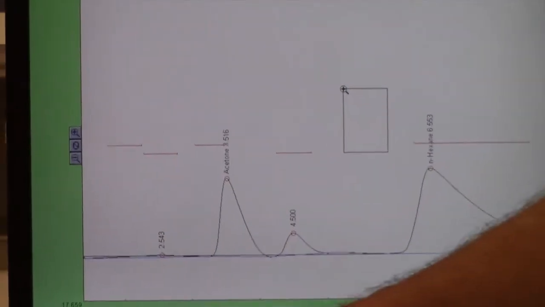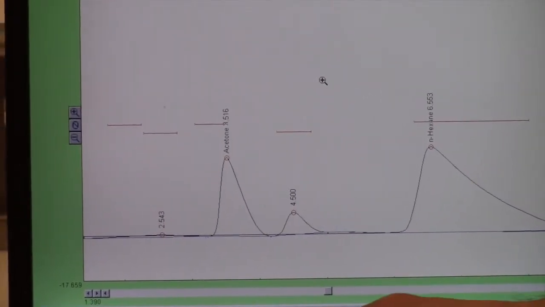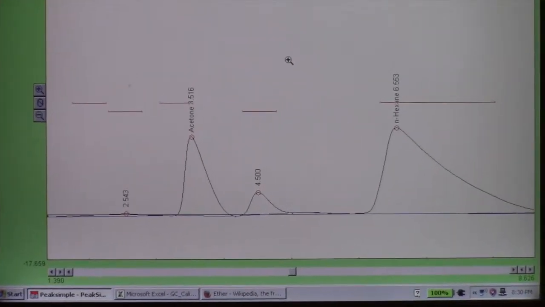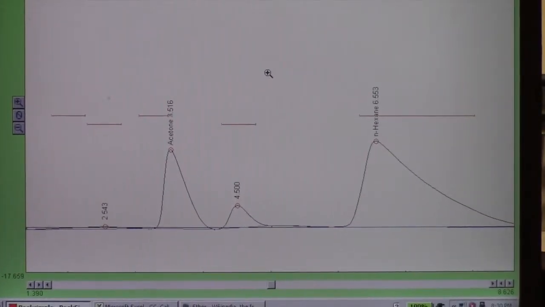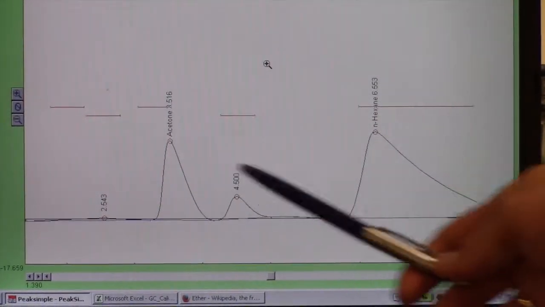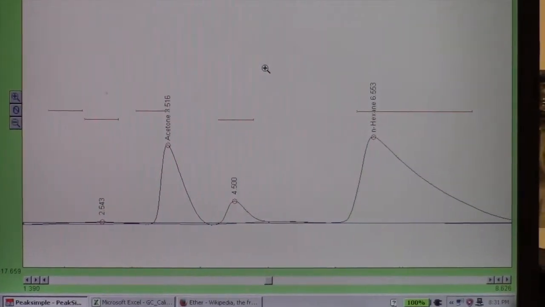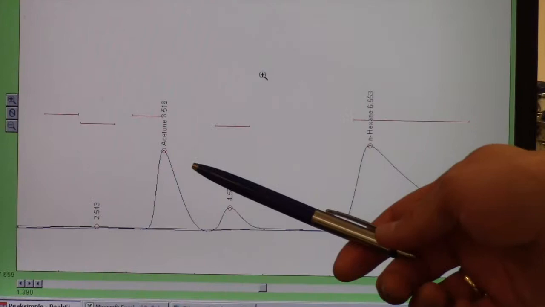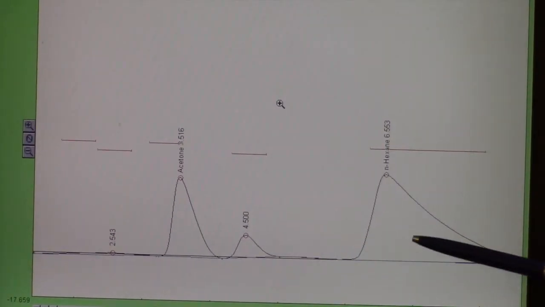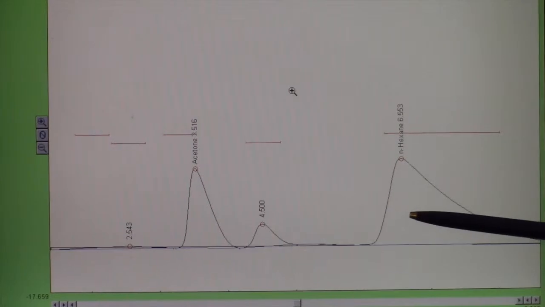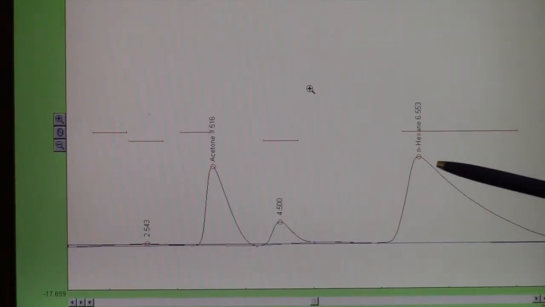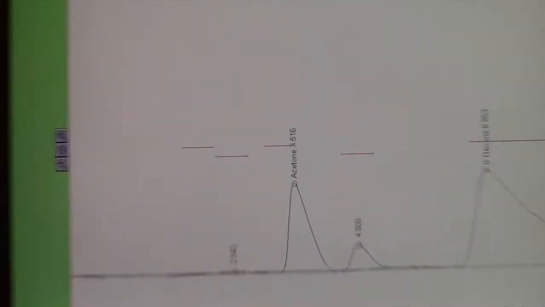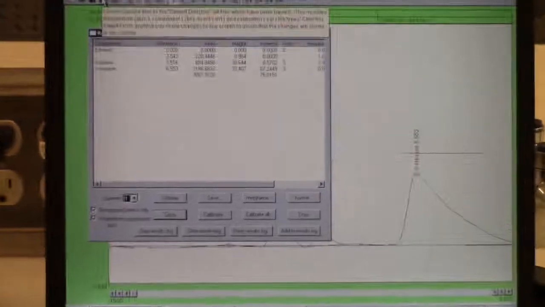So as a result of this chromatograph, we can see that acetone and hexane were correctly identified by the retention time, and from the integrated area, concentration was calculated, which you can see in the results section.